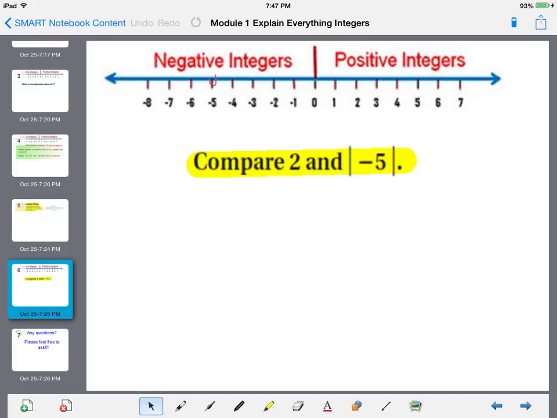And if I'm over here on the number line, the absolute value means what's my distance from this number to 0. And so the absolute value of negative 5 is really 5. So 2 is less than the absolute value of negative 5 because 2 is less than 5.